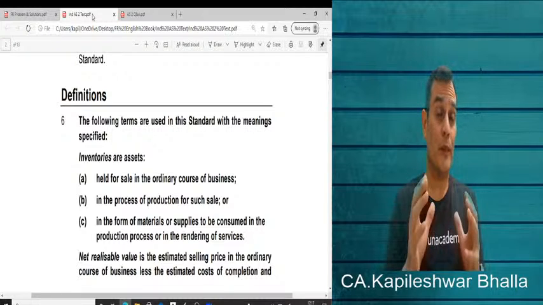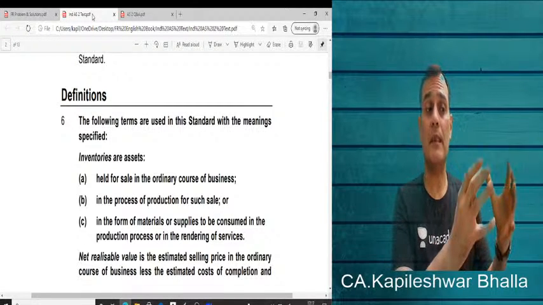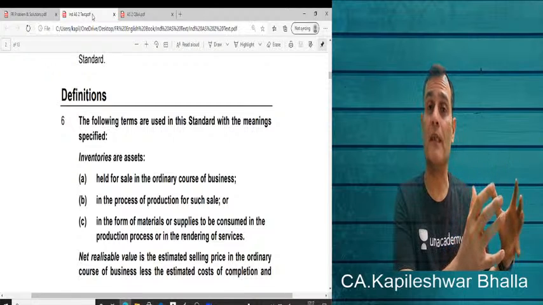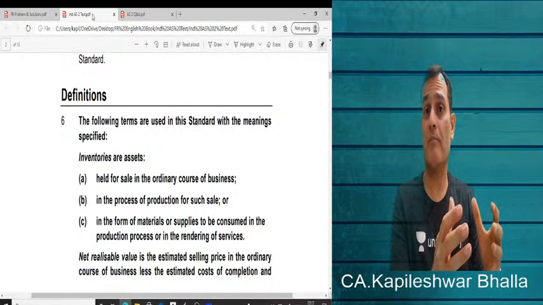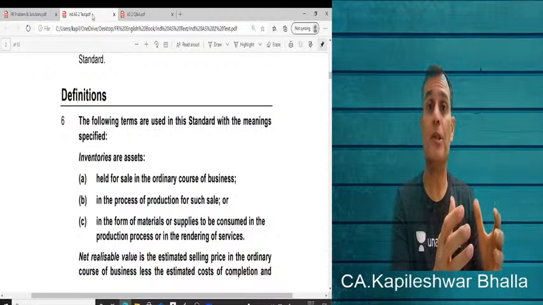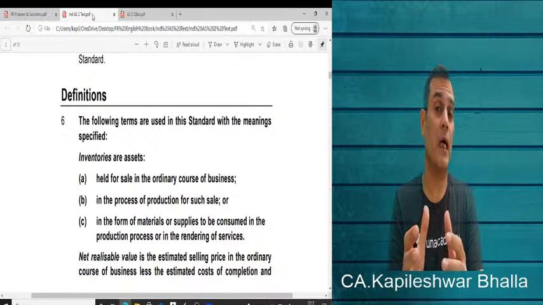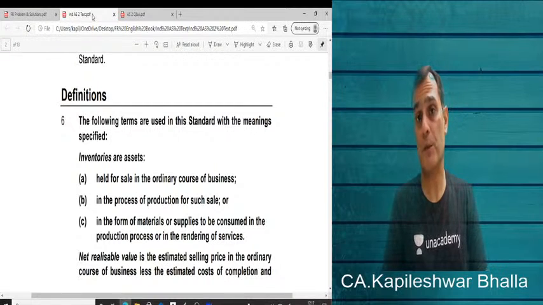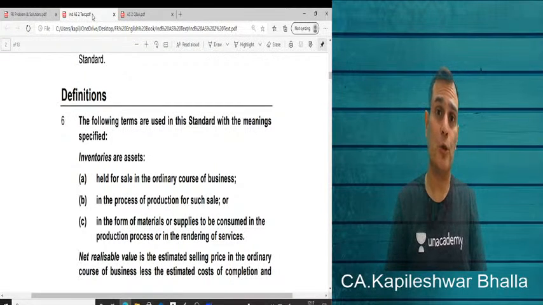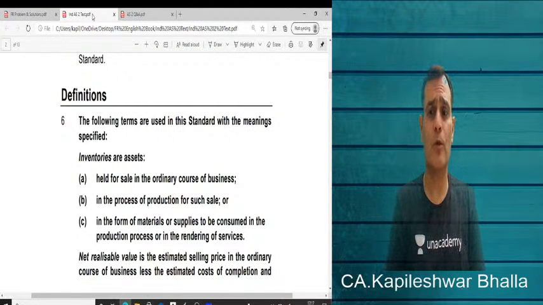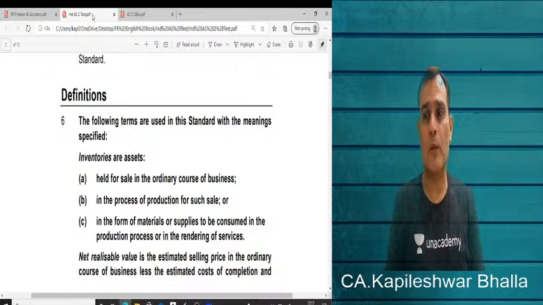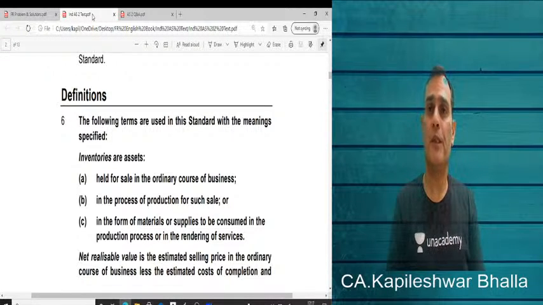So when you pick up any topic, you must see the things given in the study material of the institute. You must also see the questions which have come in the past RTPs, the revisionary test papers, and the questions asked in the MTPs, the mock test papers. Along with this, you should also look at the past examination questions, undoubtedly. Though there have been a total of 5 attempts so far, so we don't have too many past examination questions. But there are two more sources which are very relevant now. One is the education material.